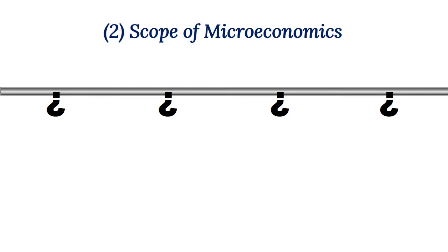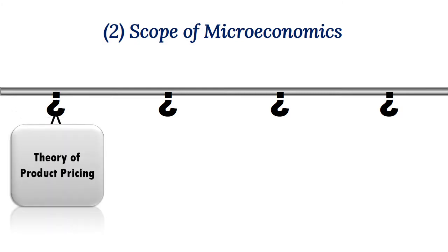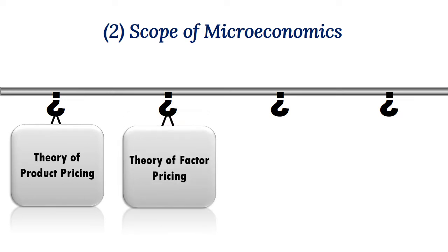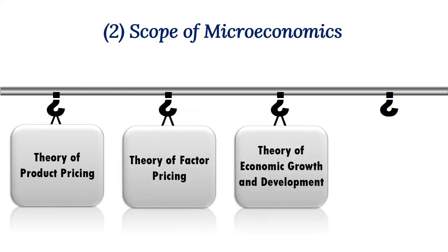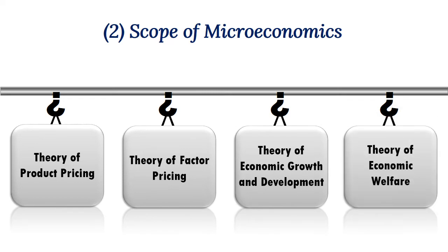Scope of microeconomics. Theory of product pricing. Theory of factor pricing. Theory of economic growth and development. Theory of economic welfare. And the odd word is theory of economic growth and development.